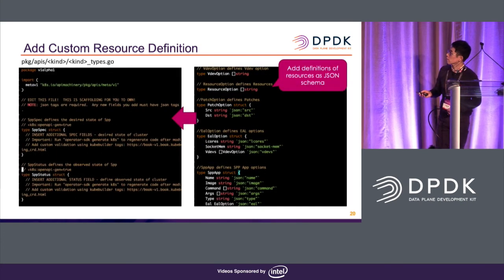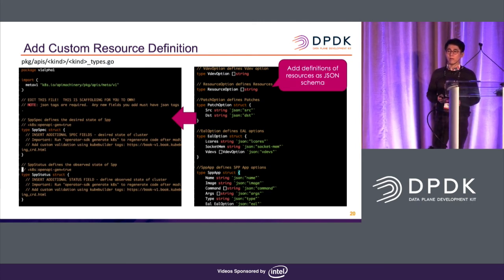And after generating the template, you just need to write the definition of resources, which is defined in a YAML file for Kubernetes. And here is an example.